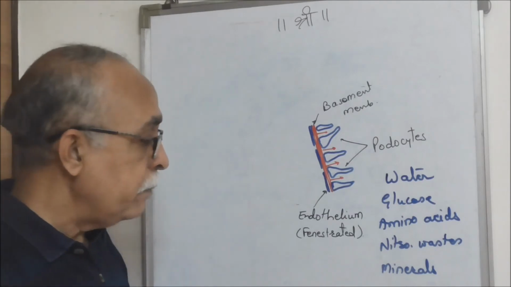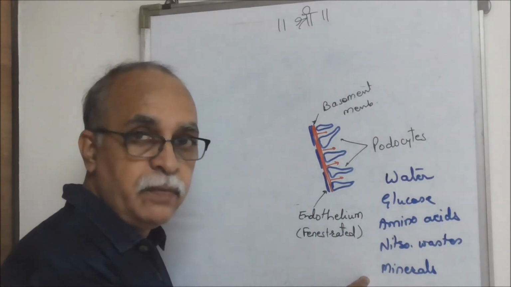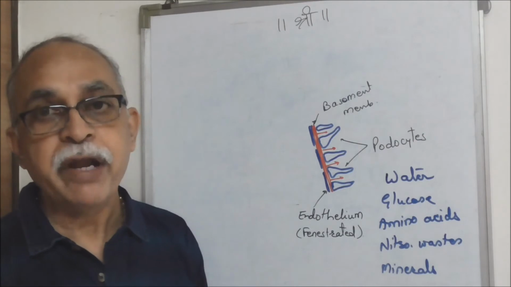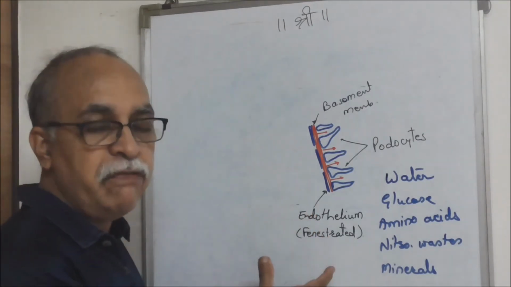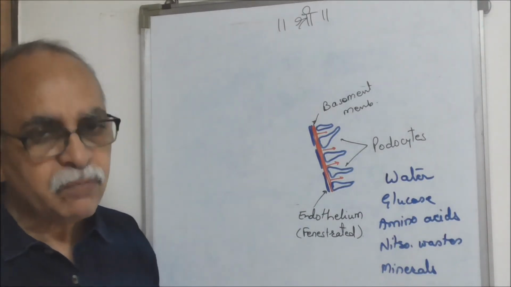Now mind well, this filtrate is called the glomerular filtrate, or it is also called primary urine. Primary urine is initially collected in the filtration space, and then it is passed on to the Bowman's cavity, Bowman's space.